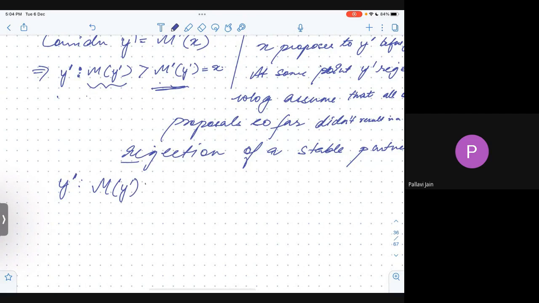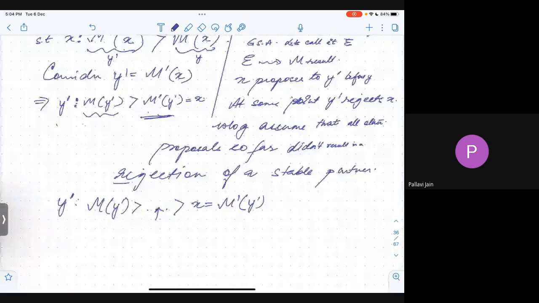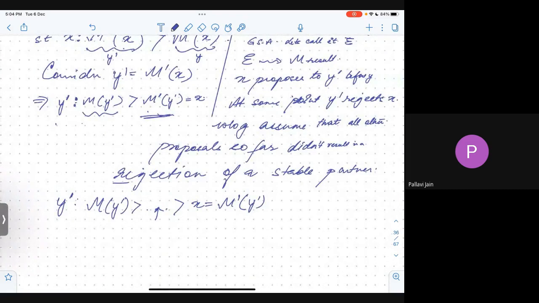There is somebody who proposes, and therefore she rejects this person X at that step of the execution E, right?